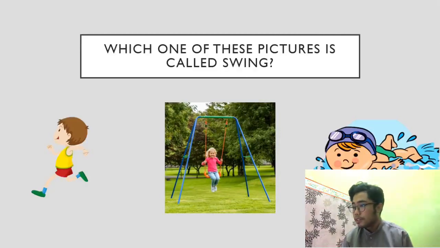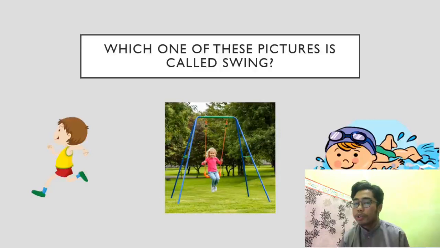Picture number 2 is a girl. She's playing at the playground. Picture number 3 is also a boy with some water. So which one of these pictures is called swing? The answer is picture number 2. Now look at picture number 1.